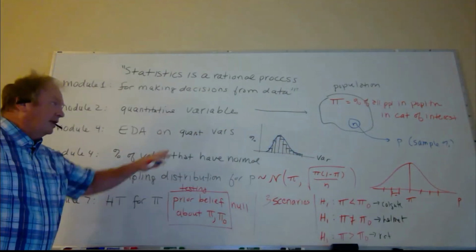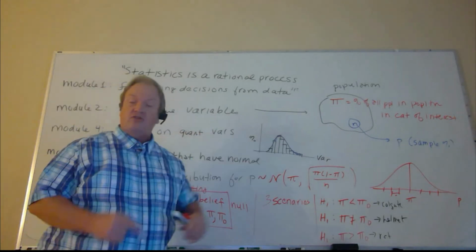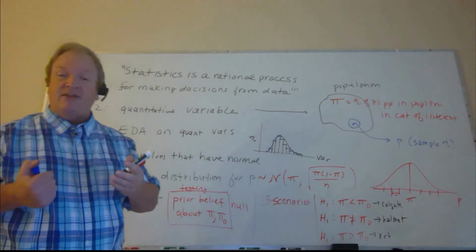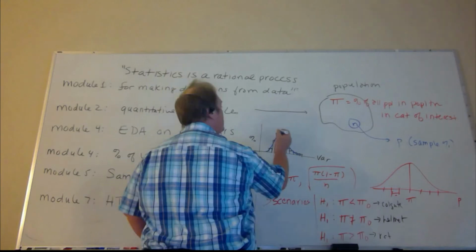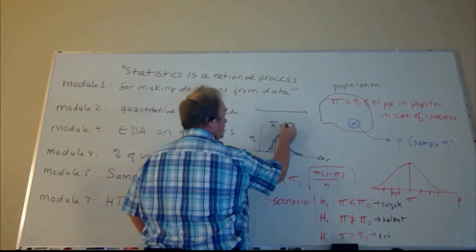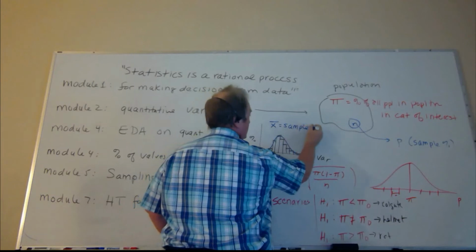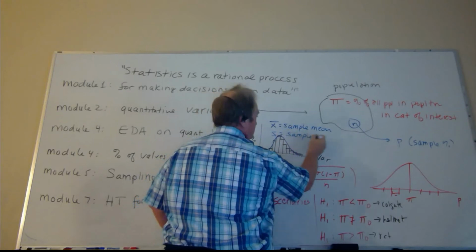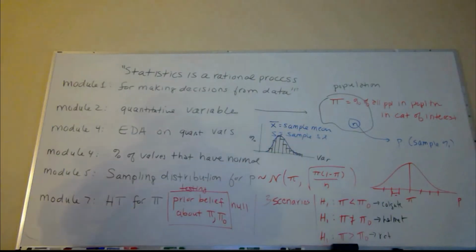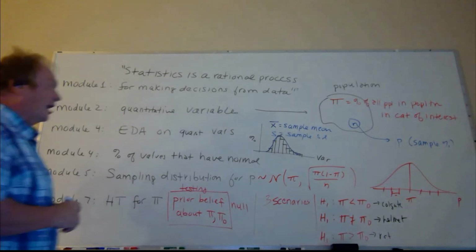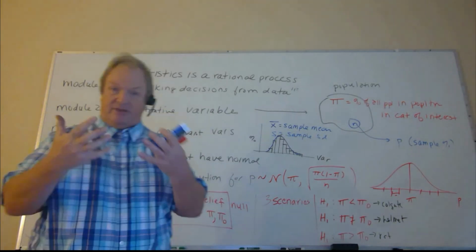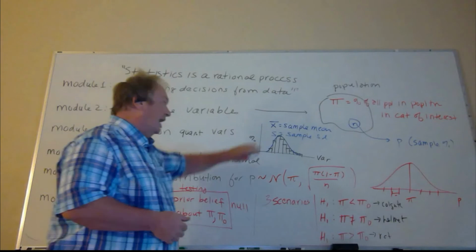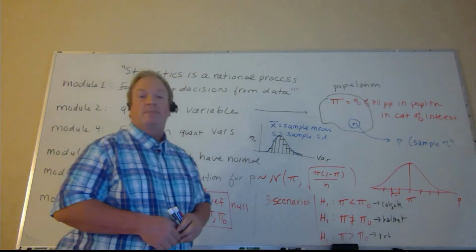And in order to describe this quantitative variable distribution, we needed to provide 5 pieces of information, and the 2 that were most important were the sample mean and the sample standard deviation. We think of the sample mean as being the center of these values, where most of these values are centered around, and the sample standard deviation as being a measure of the width.